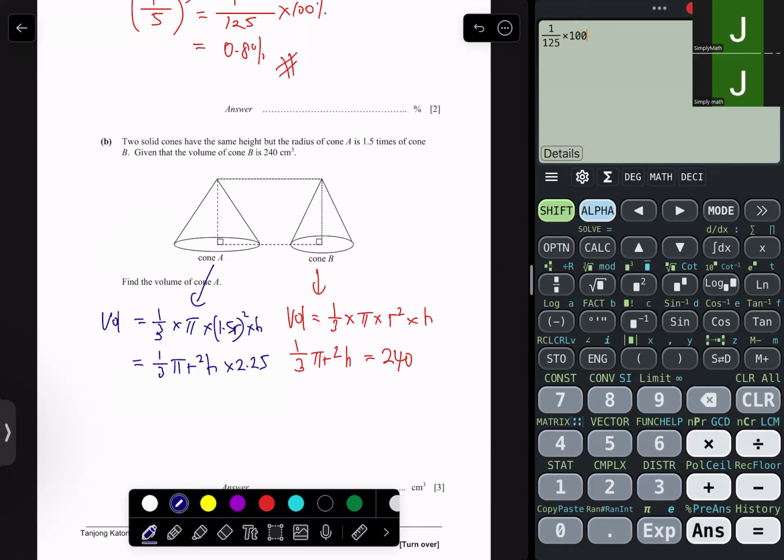The 2.25 is the result of 1.5 squared. The question has already told us that 1/3 pi r squared h is equal to 240. So we just take 240 times 2.25, which equals 540.